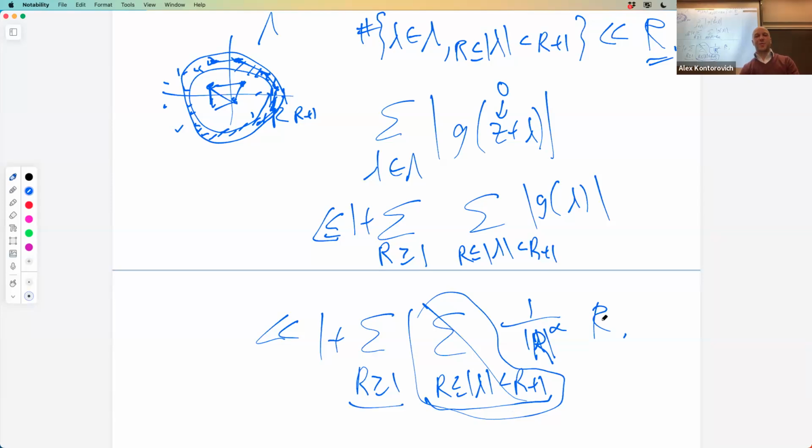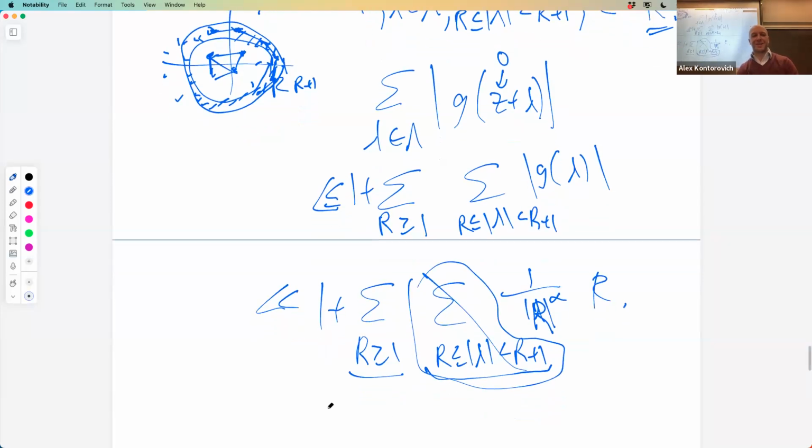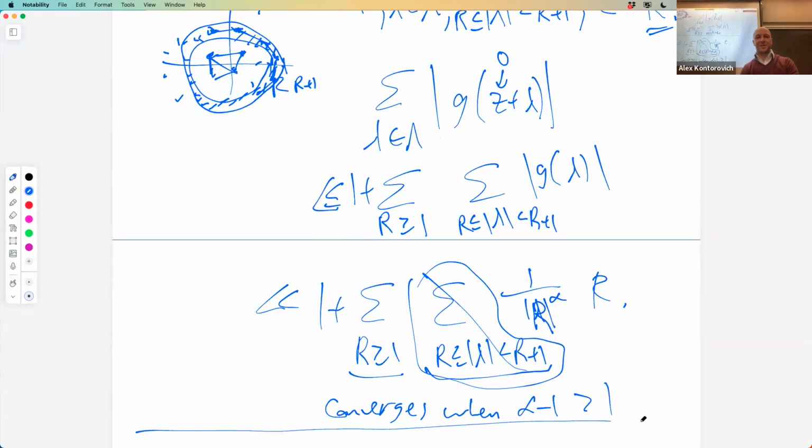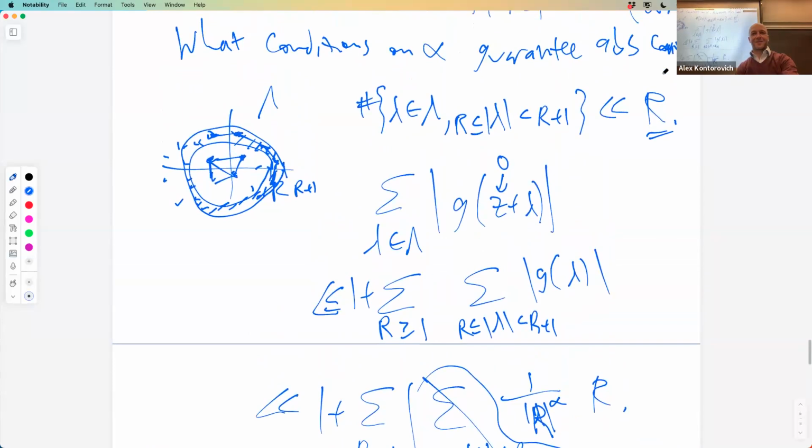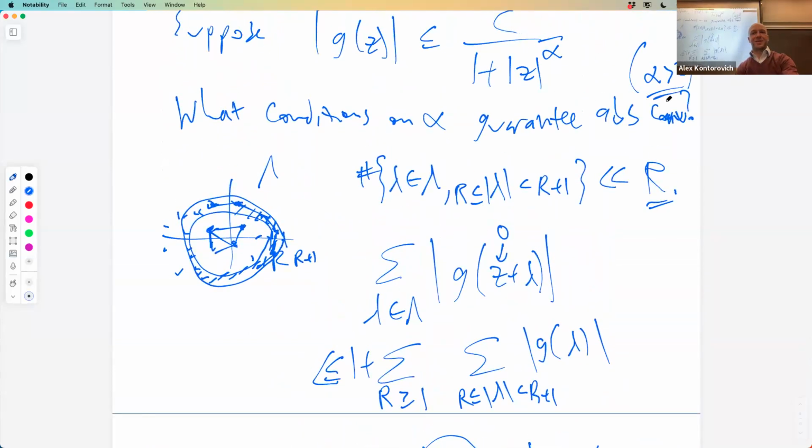It converges when alpha minus 1, the harmonic series diverges, this converges when the exponent alpha minus 1 is at least 1. Okay, so that's why alpha needs to be at least 2.